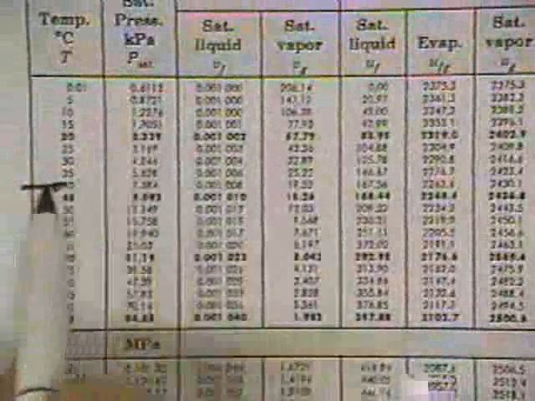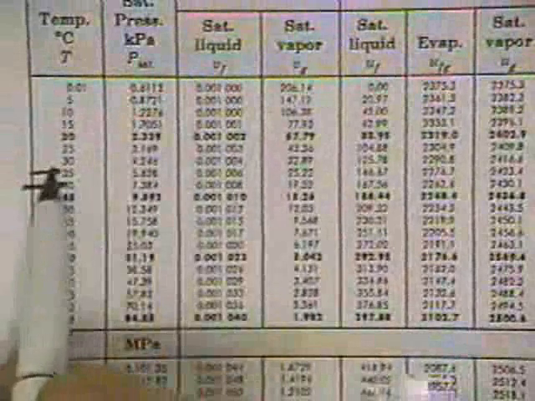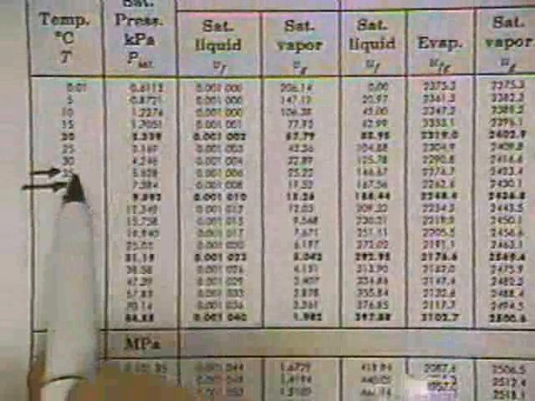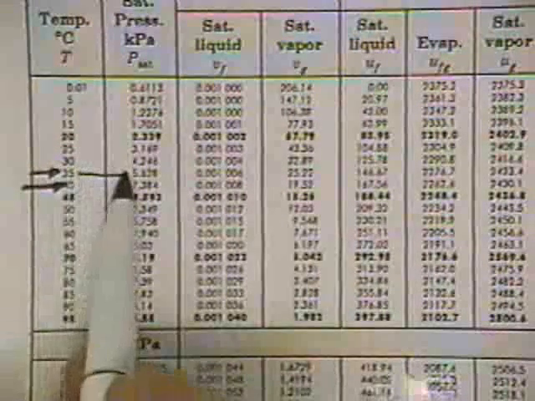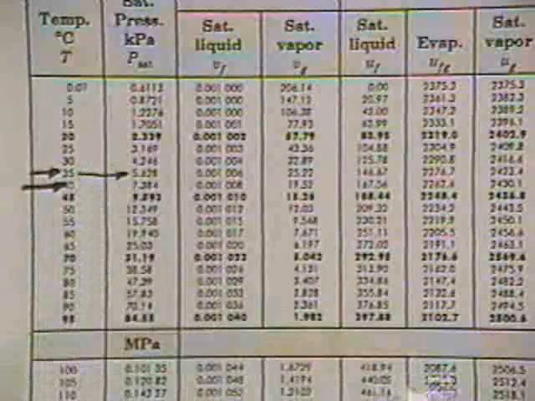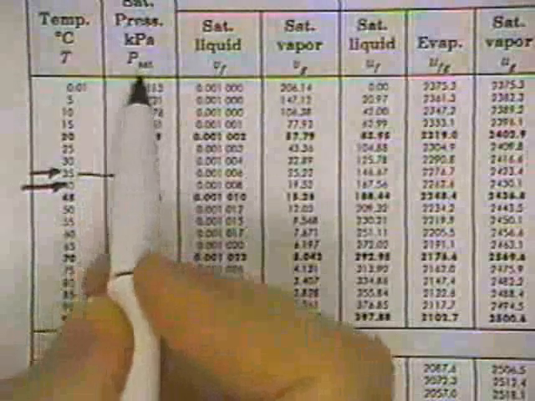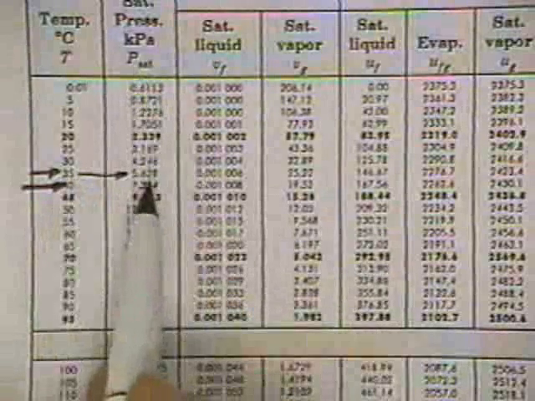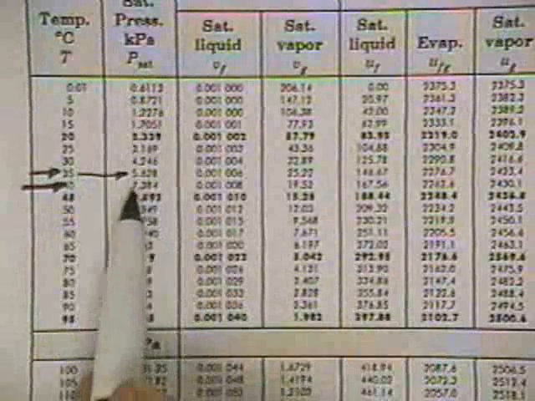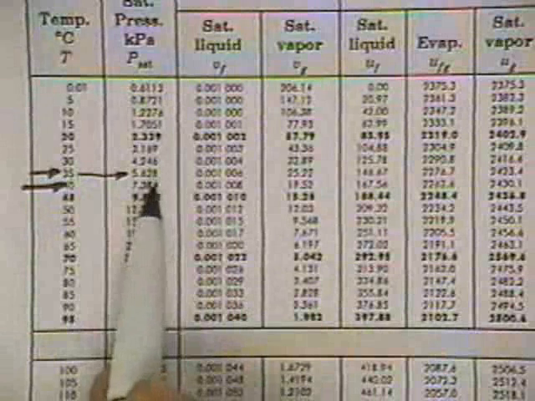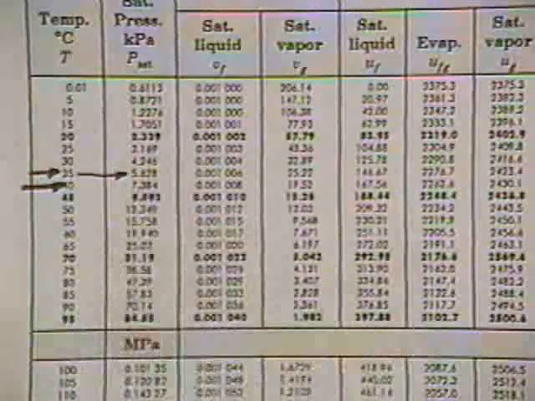Okay, 35 degrees C is where we are, and 35 degrees C says that if we are fully saturated at 35 degrees C, we've got a pressure of 5.628 kilopascals. That's the saturation pressure corresponding to 35 degrees centigrade. So 5.628 kilopascals is our saturation pressure corresponding to a temperature of 35 degrees.